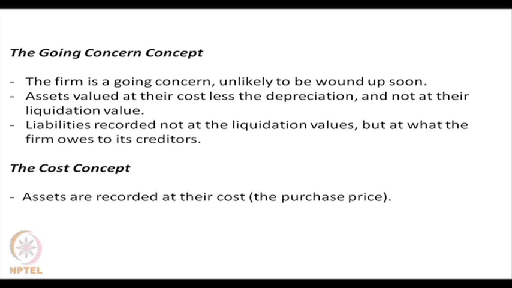So, the depreciation calculated every year is added up and subtracted from the purchase price, and that is the book value of the asset. The asset value will be shown at the price at which it was purchased less the accumulated depreciation and not at its liquidation value, because it is a going concern organization.